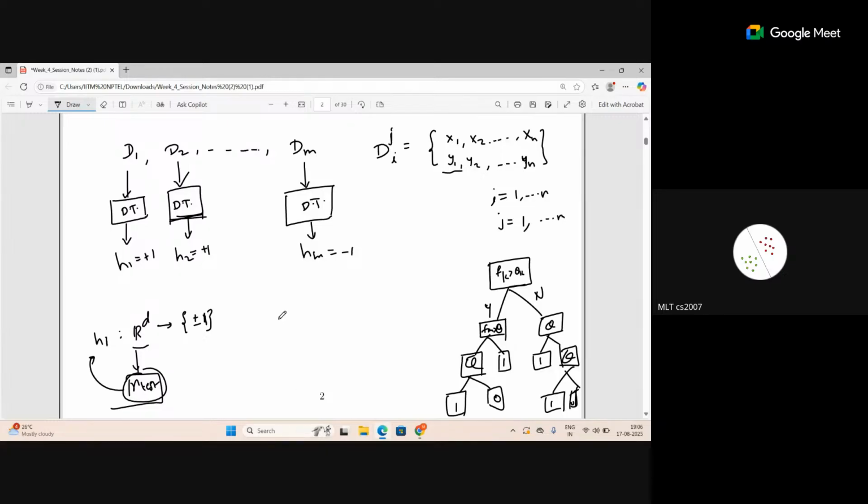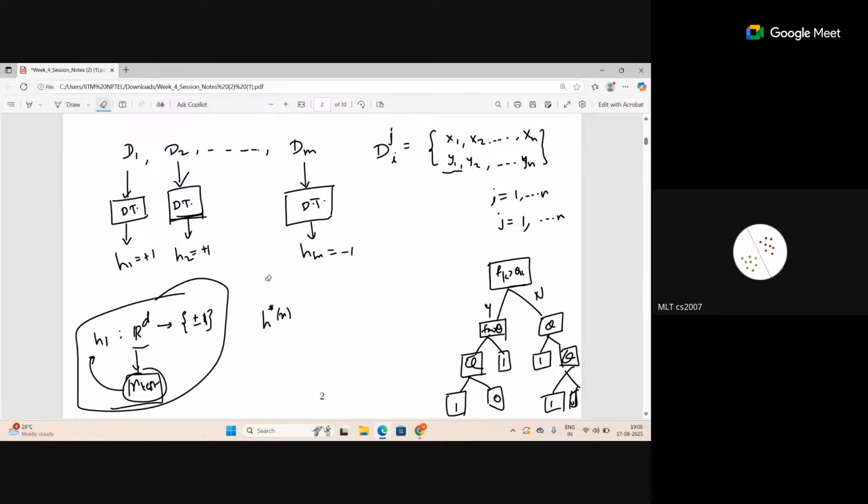And finally, in the bagging case, what you do is you take all of them and average them out, and that is h star of x, or I'll say in this case x test. So the prediction is the average of all, right? So let's say sign of, what is the average here? 1 upon m.